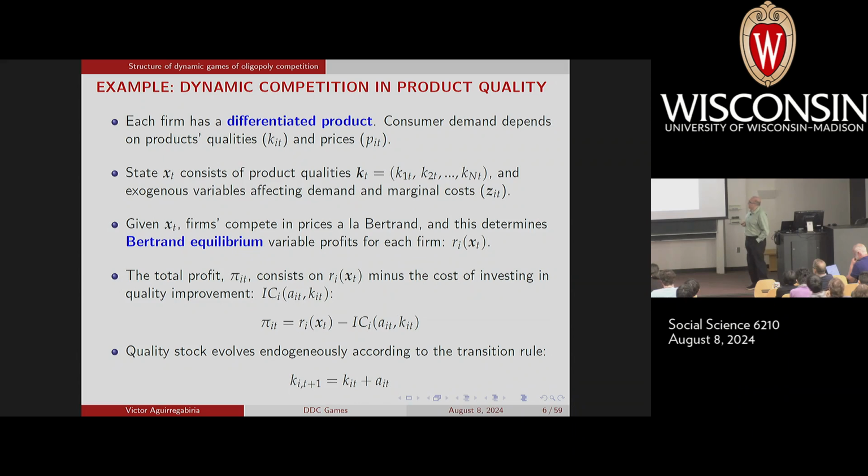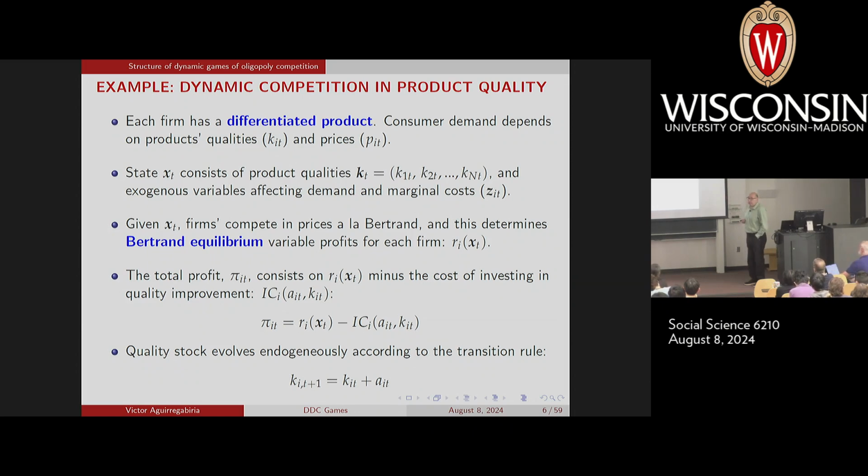Example of this, for instance, is the Pakes and McGuire model of competition in product quality. Here, the endogenous variable is the level of quality of the product of an individual. There may be exogenous variables that affect basically the demand or the marginal cost or the fixed cost of the firms.